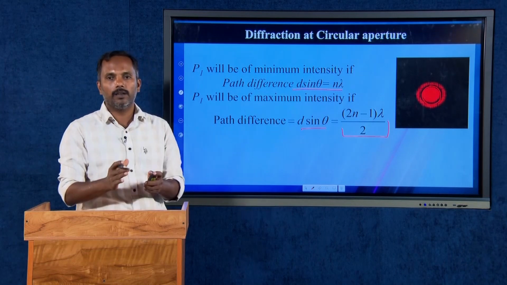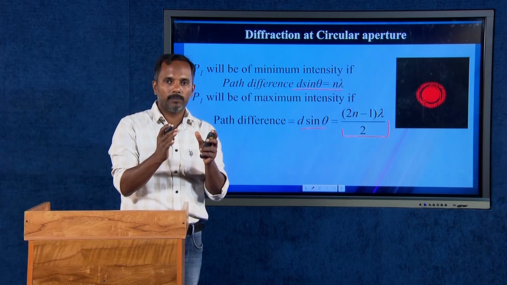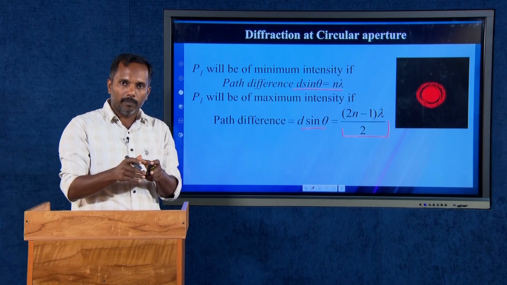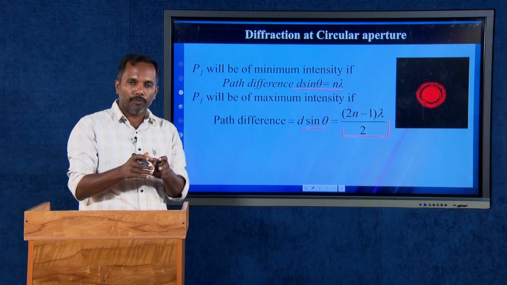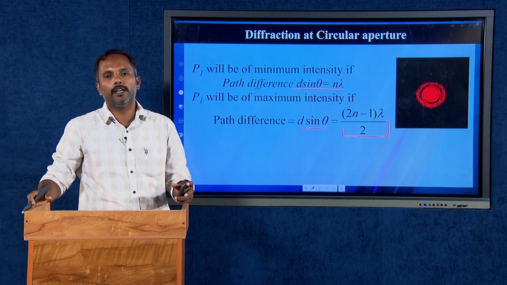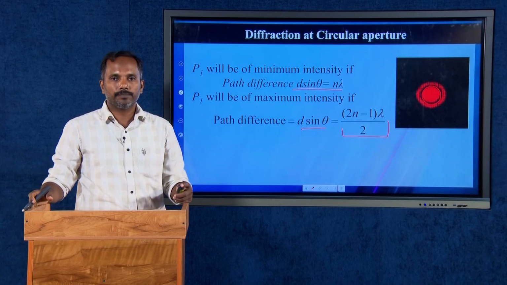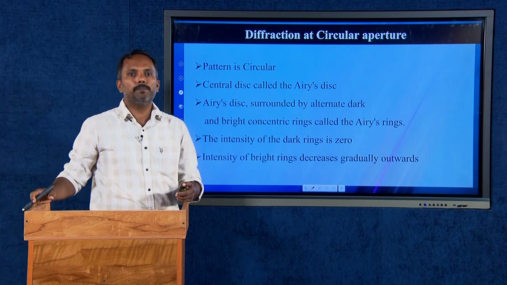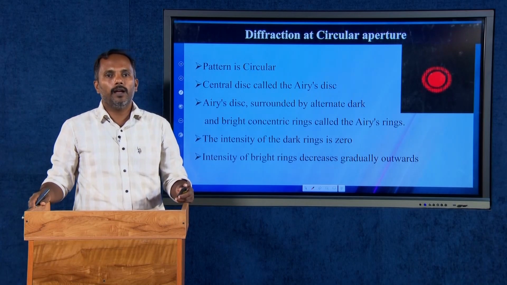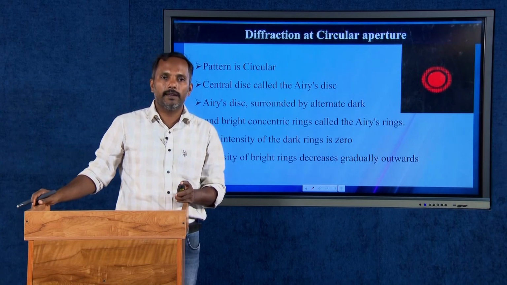So there is a central region of maxima that looks like a disc, then we obtain the next minimum, a ring of minima or darkness, then a secondary maximum, and so on. This pattern looks circular in structure, and the central disc, the maximum intensity disc, is called Airy's disc.